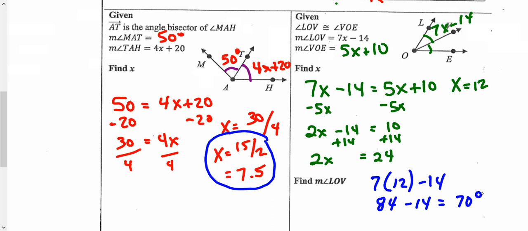Now, 70 degrees is acute, but if you were to do 70 and 70, that's 140. Doesn't seem to be correct. But remember, not all drawings are drawn to scale. So I'm going to write this right over here: not drawn to scale. That's something you're going to see quite a bit.